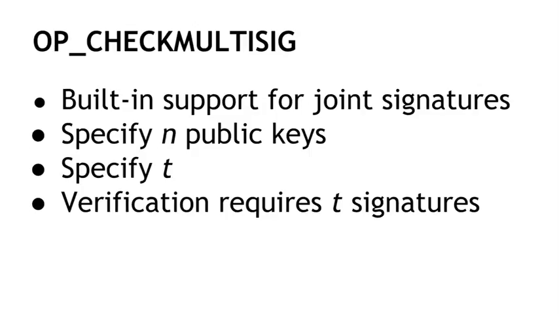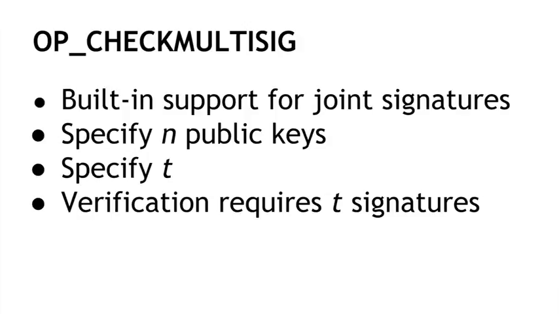That's called check multisig. So this, even more powerful than checking just a single signature with 1 instruction, Bitcoin actually lets you check multiple signatures with 1 instruction. So with multisig, you specify n public keys, and you specify a parameter t, or a threshold.